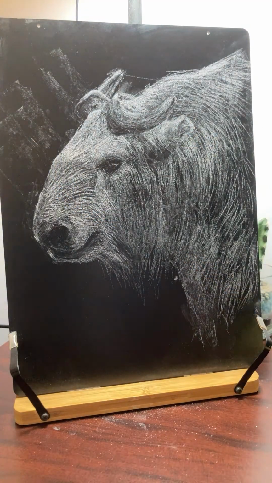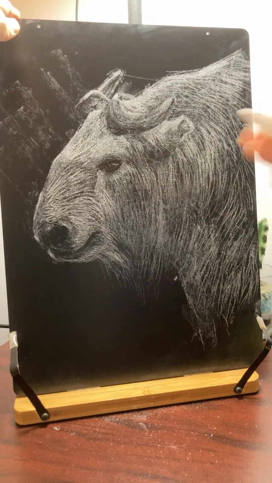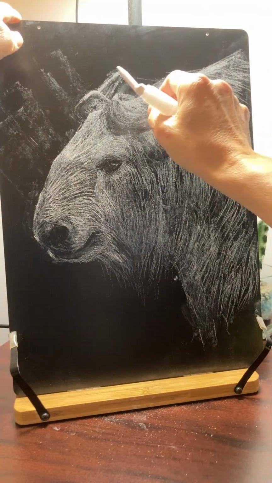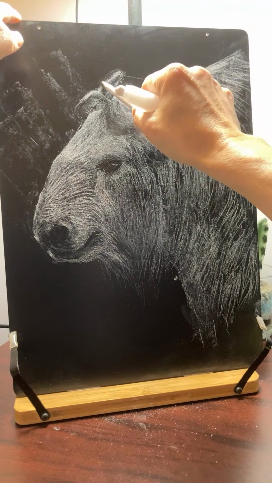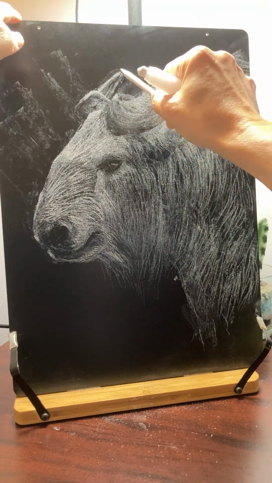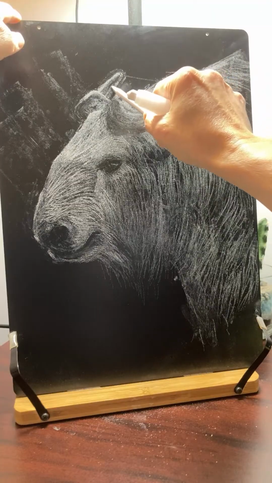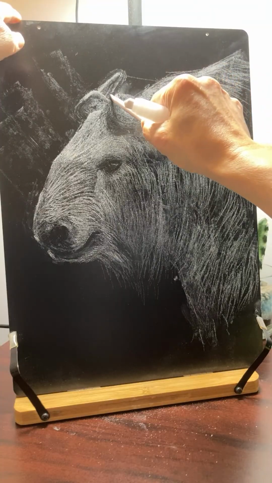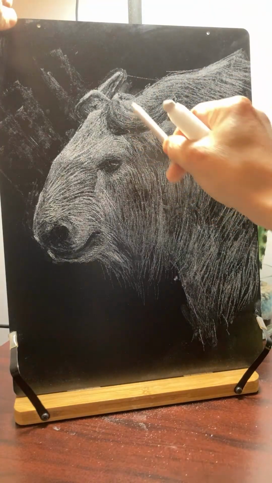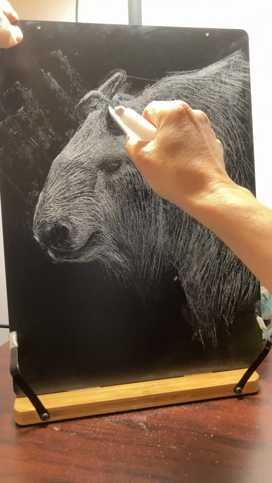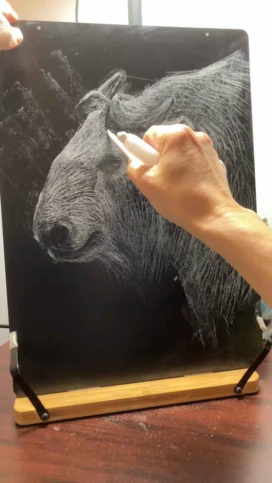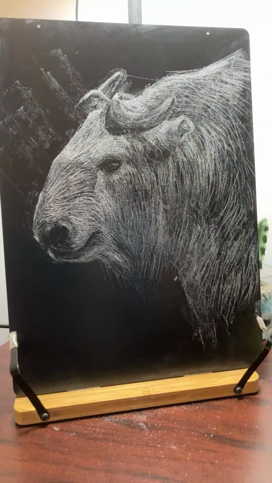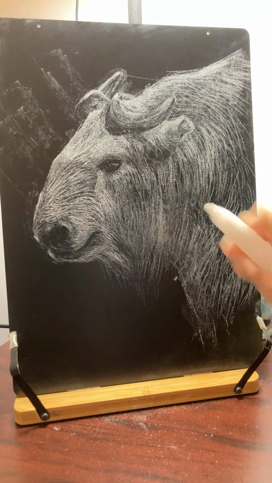Probably you cannot see the end of there. Then I draw this part and make this a little crispy. I make not much light over here. Now I'm going to draw this part. This is the shadow and the base there.